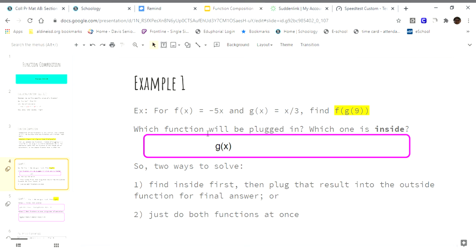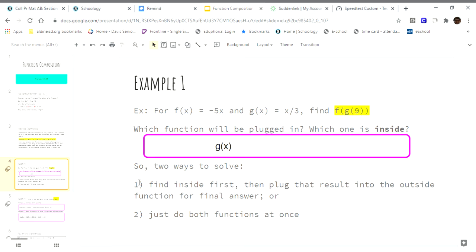So which function is going to be plugged in? Which one is on the inside? Well, when you look at it, it's really easy to tell. Instead of just f of x, I have f of g of x, or f of g of 9. Okay? So my inside function, which one is getting plugged into the outside, is g of x. In this specific scenario, it's g of 9.